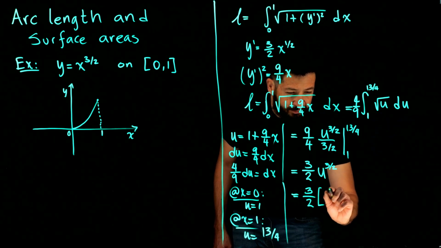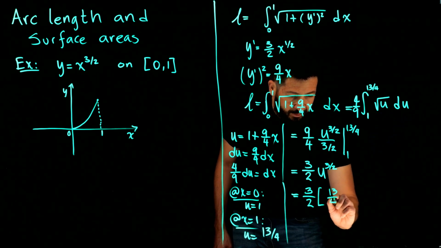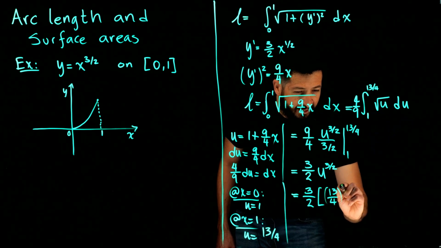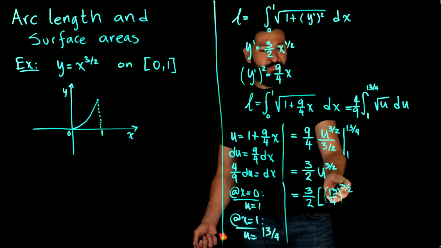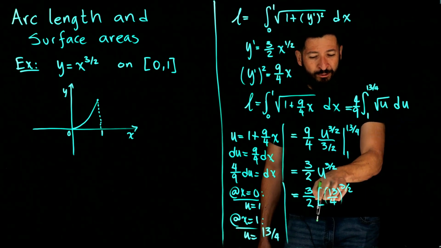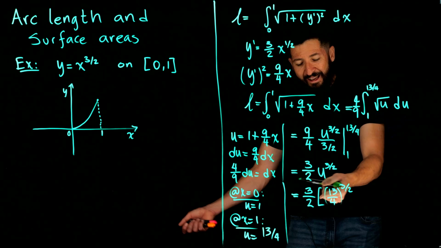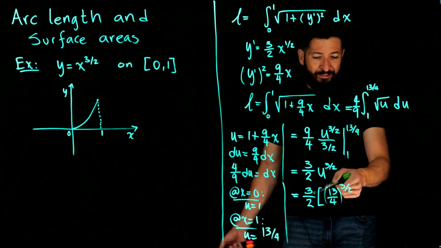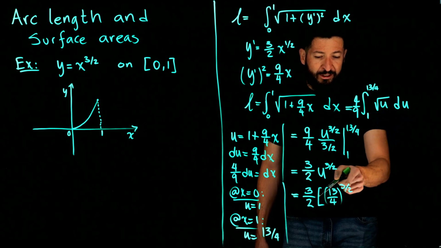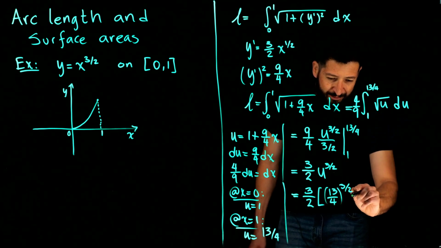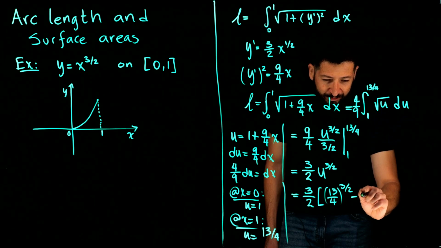So that's going to be 13/4 to the 3/2. I can still do a square root of the 4 and get a 2 coming out, then cube it, get an 8, and so just get something like 13 square root of 13 over 2. Sure, but we're not going to simplify it, but you could.